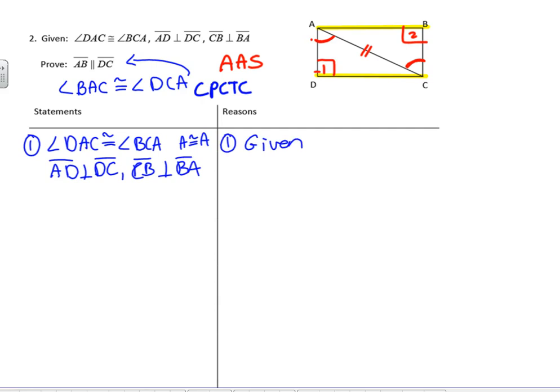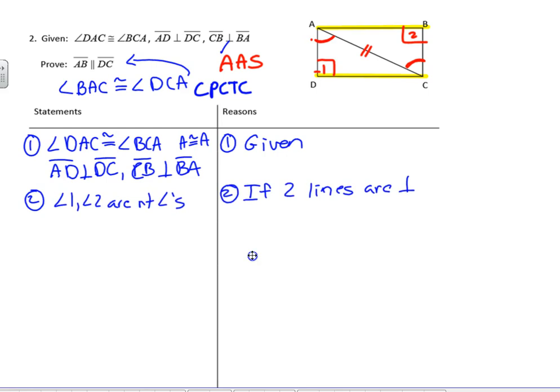Okay, so part of our triangle plan is accomplished. What do we know about perpendicular lines? They form right angles. So we can say angle 1 and angle 2 are right angles. What's the reason? If two lines are perpendicular, then they form right angles.